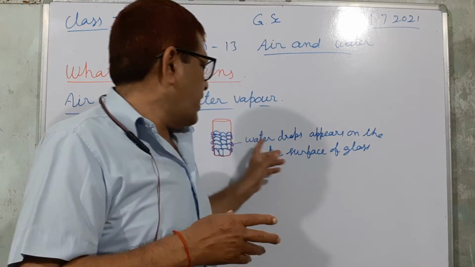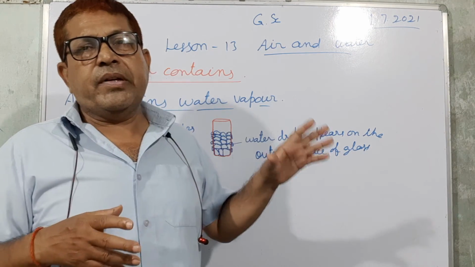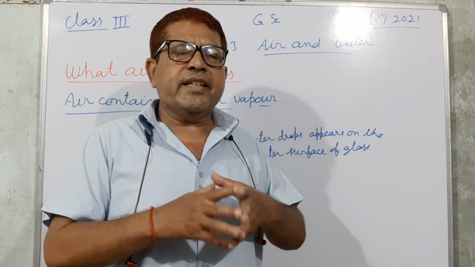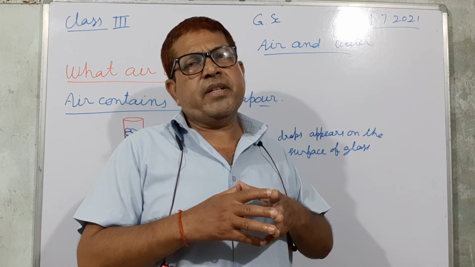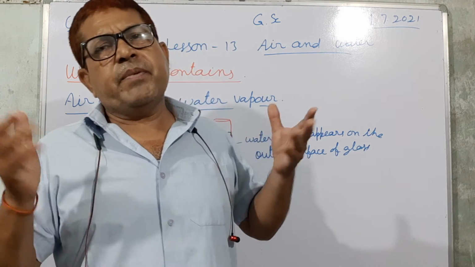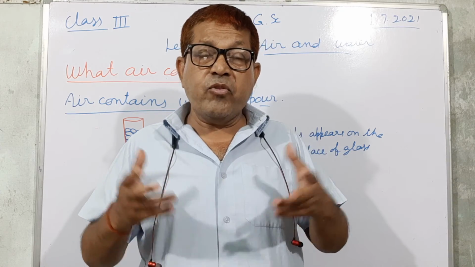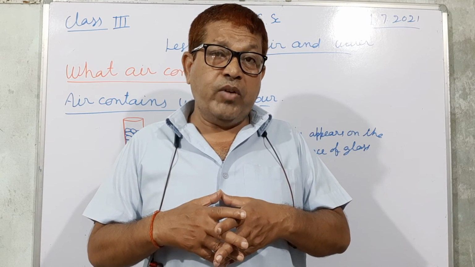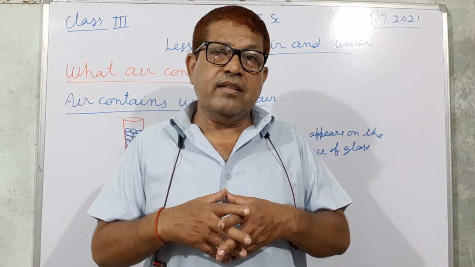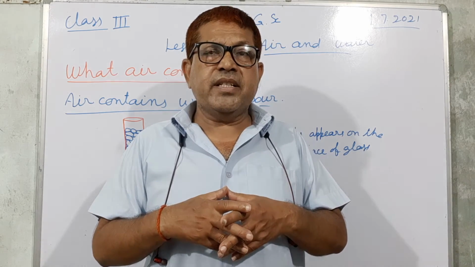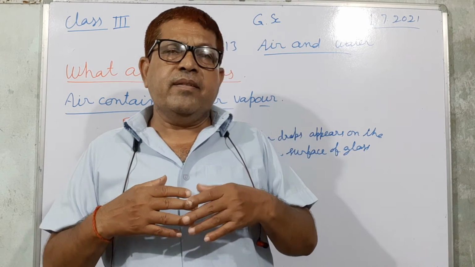So these are the water drops that appeared. It is another thing that the amount of water vapors varies in different seasons. In the rainy season its amount is more, while in the summer season its amount is very less.